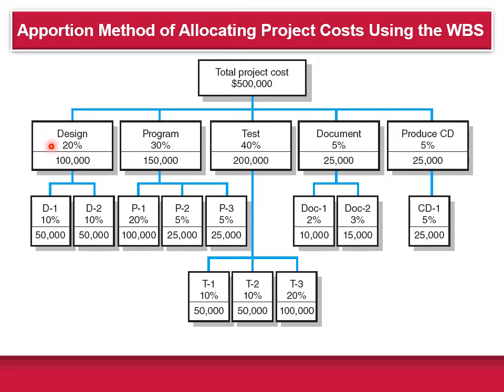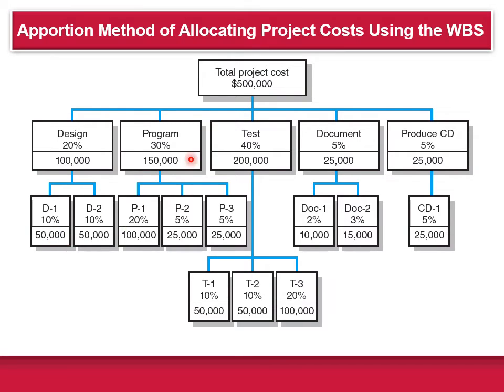If design is going to be 20%, we can take 20% of the $500,000, which is $100,000. And if work packages D1 and D2 comprise all of the design, and we determine that D1 is 10% and D2 therefore is 10%, we can divide this in half and get $50,000 for each of these work packages.